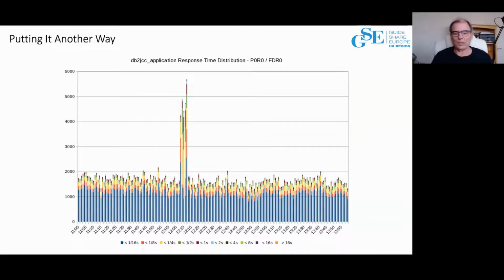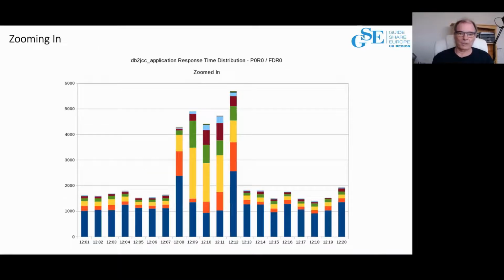So was it that we had fewer short transactions? No, it's actually we had more transactions in the longer values. So the yellow here, which is between 1/4 of a second and 1/8 of a second, that predominated in a way it didn't before, for example. So that's quite nice. And if you zoom in, you don't have to zoom in, but you can, and you could fill in the gaps, by the way, if you wanted to do it at lower granularity than 1 minute.